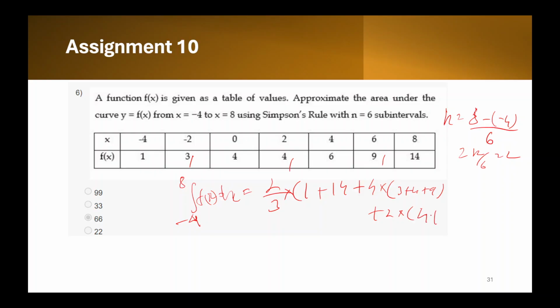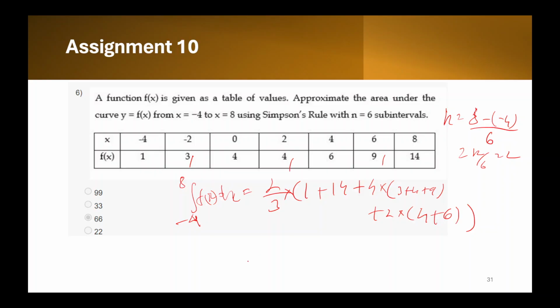So 4 into (3 plus 4 plus 9) plus 2 into (4 plus 6).